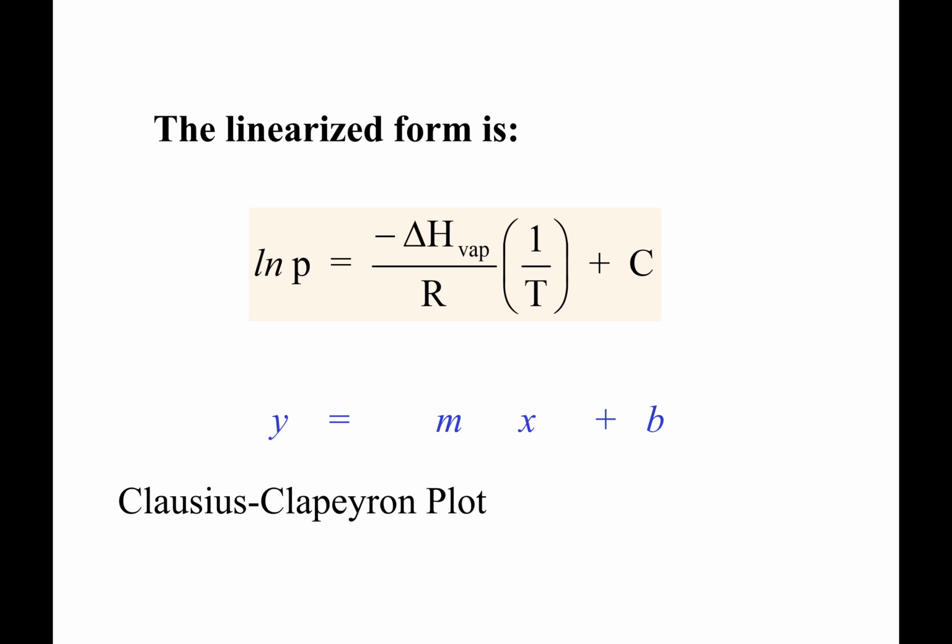And along x, we have the inverse of temperature. Then we're going to end up with a negative slope, and that slope is going to be equal to negative delta H vap over R. That's how that works. Right. And so y is equal to mx plus b. Isn't b like the y-intercept then?